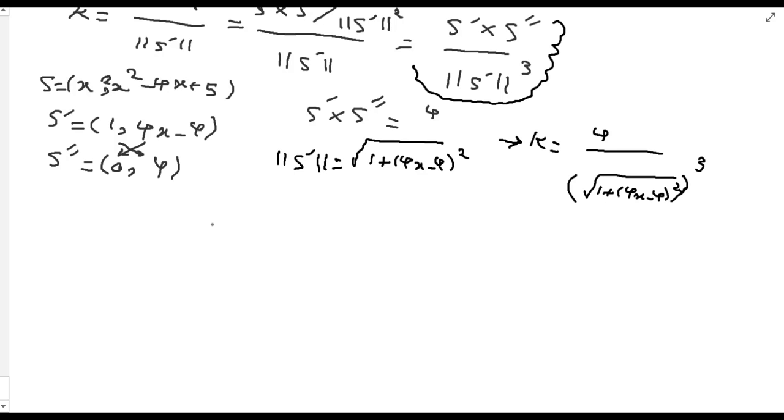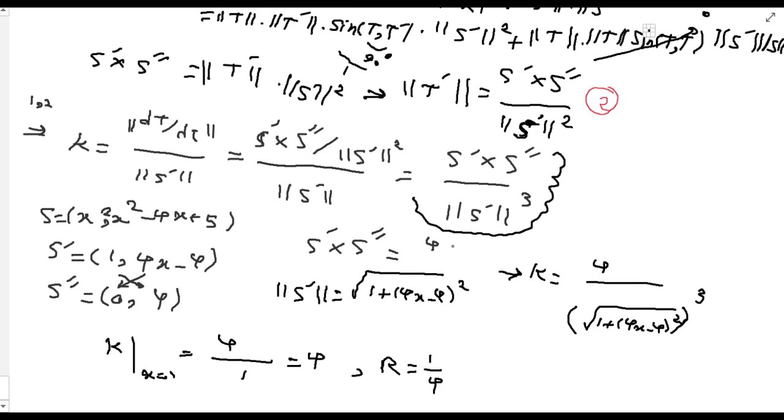Now if I want to find the radius at the point, I need to find the curvature at the point x equal to 1, which will be 4 over, this will be 0, and we will get 1. So the curvature at the point 1 will be equal to 4, and then the radius of the osculating circle will be equal to 1 over 4.